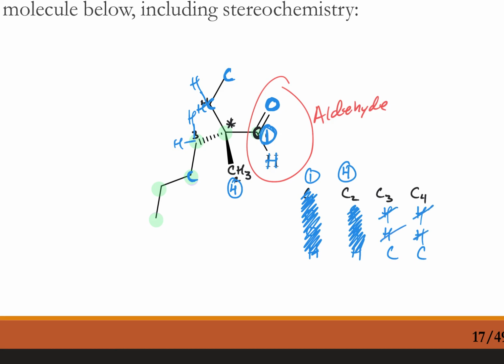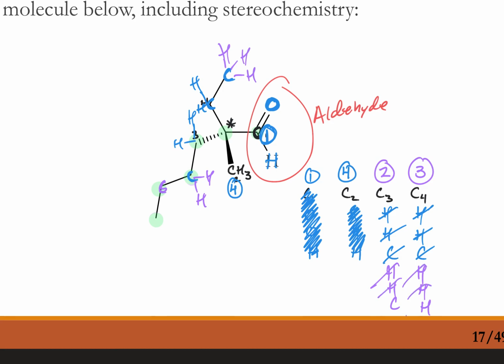Hydrogen, hydrogen, carbon versus hydrogen, hydrogen, hydrogen. Going off of those, that's going to be 2, and this will be 3, because those cancel, and then you're comparing a carbon to a hydrogen. So this is group 2, this is group 3.